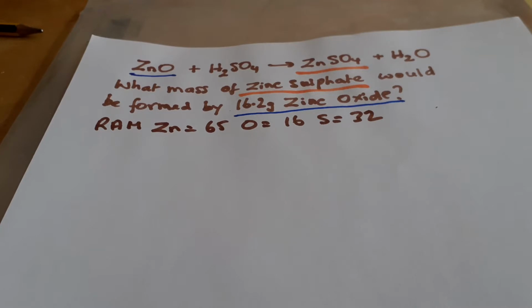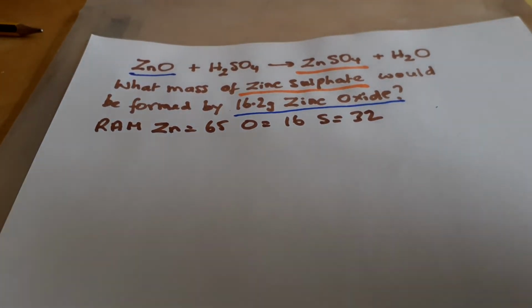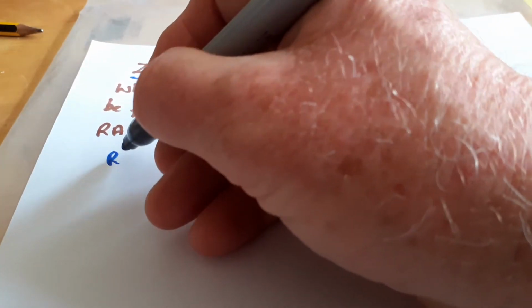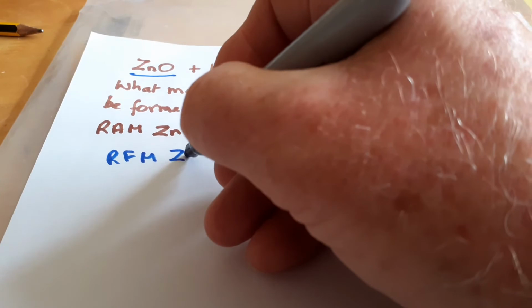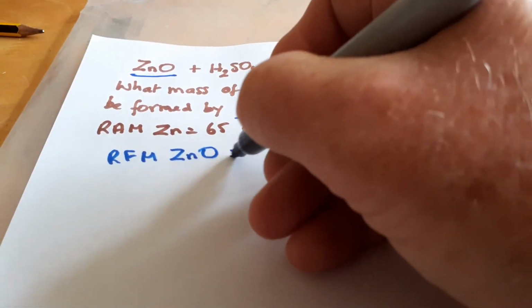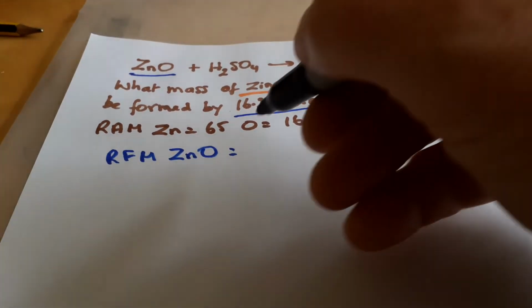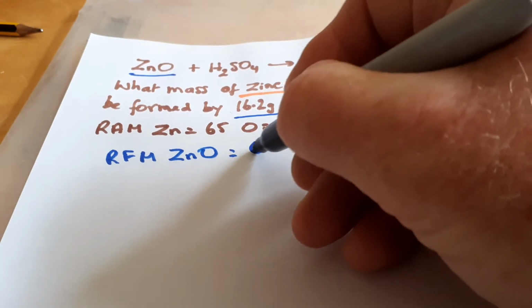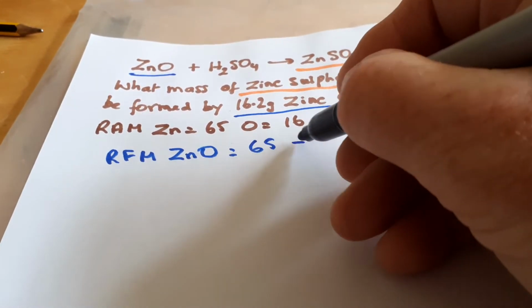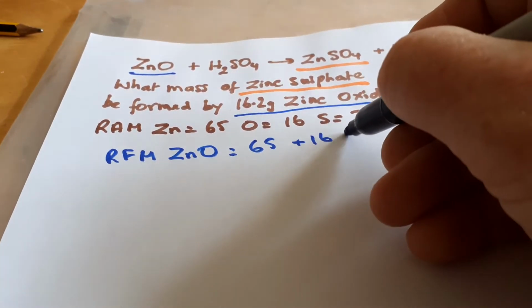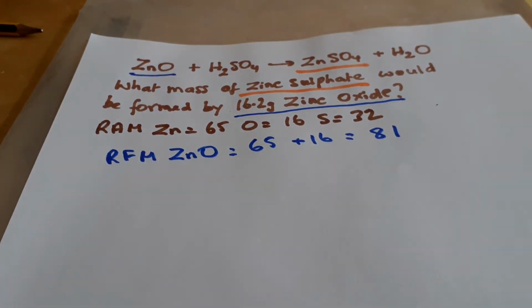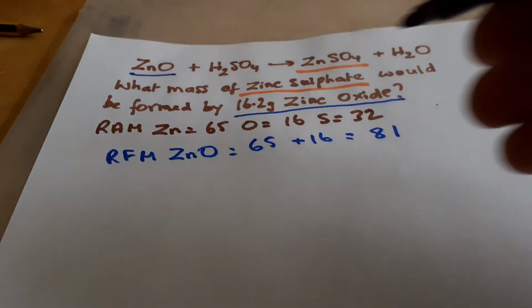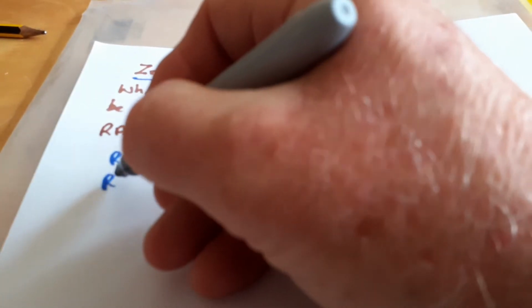Now, our next step after identifying the reactant and product is to work out the relative formula mass of our reactant, zinc oxide. So we can see the relative atomic mass of zinc is 65, oxygen is 16. We add them together, that comes to 81. We now do the same for zinc sulfate.